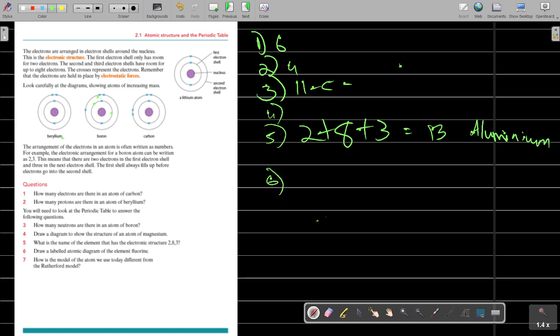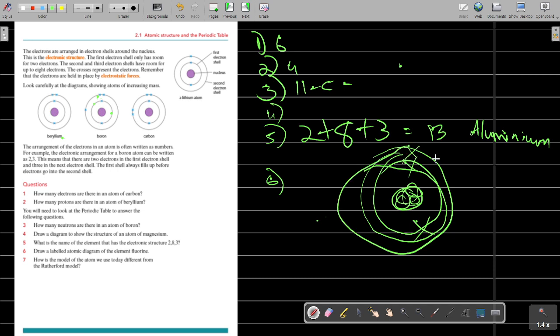And 6, the same. It's a diagram, right? So the nucleus, then fluorine: 2 here, here also 8, and here 7, which is fluorine 2, 7.